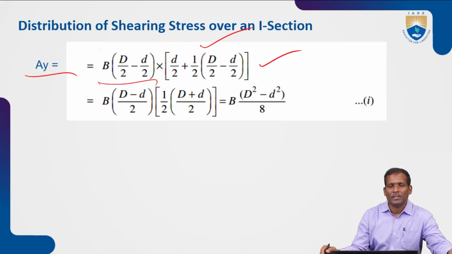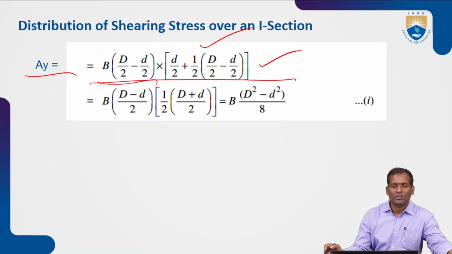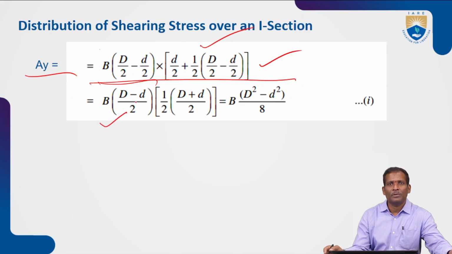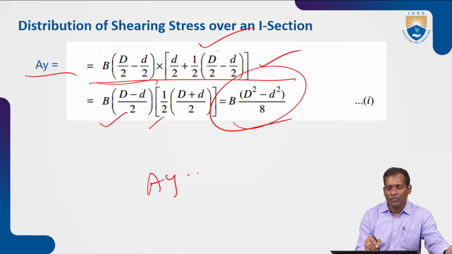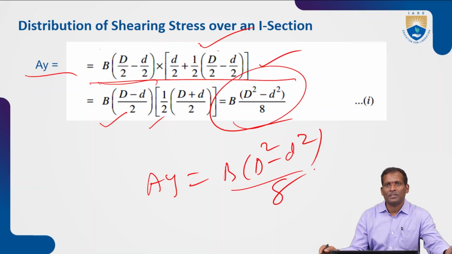So simplify this equation. So B into capital D minus small d by 2, into 1 by 2 into d plus capital D plus small d by 2. After simplification of this equation, finally we will get A y bar is equal to B into D square minus small d square by 8.